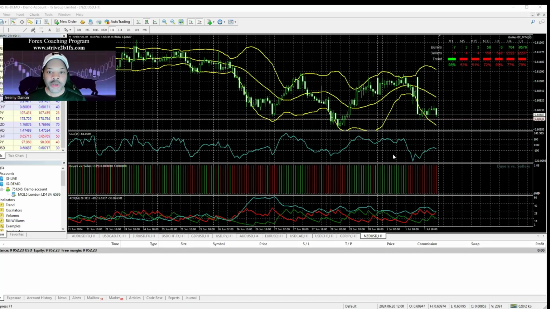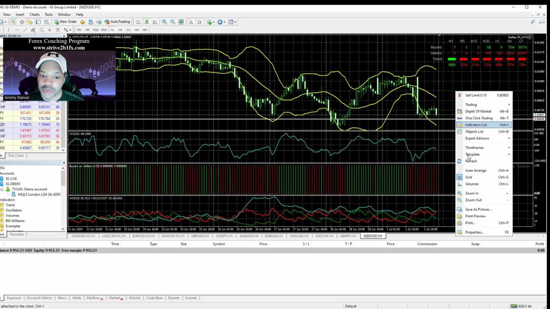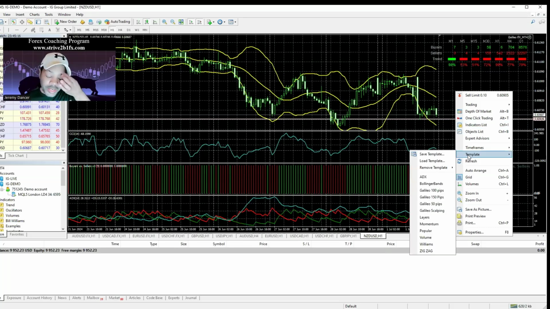So the first thing I do when it comes to using Galileo, I have templates for everything. My settings are based off of profit targets. So I have 100 pip profit targets, 150 pip profit targets, 50 pip profit targets, and then based off of what I'm trading, like I mentioned before, we're only going to be looking for maybe 20 to 30 pips.